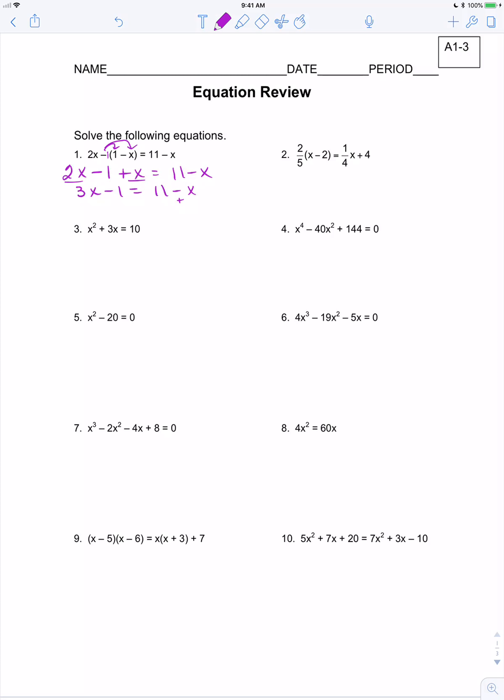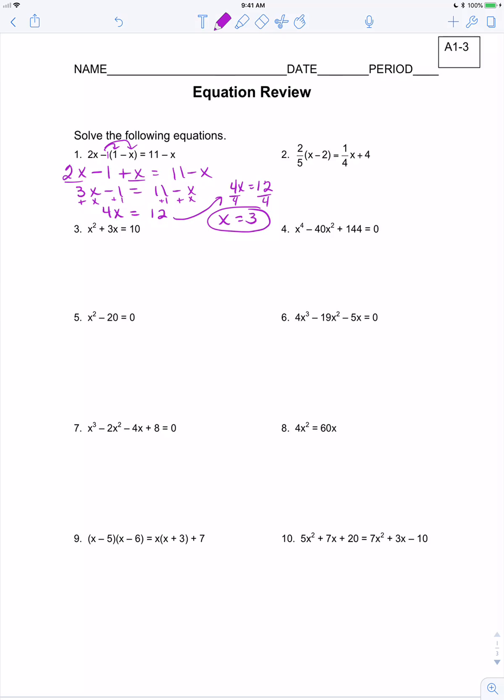Now I'm just going to work on isolating that term. So that leaves me with 4x on this side. I'm going to go ahead and add 1 to the other, is equal to 12. Let's bring that over here. 4x is equal to 12. Divide both sides by 4. So x is 3.